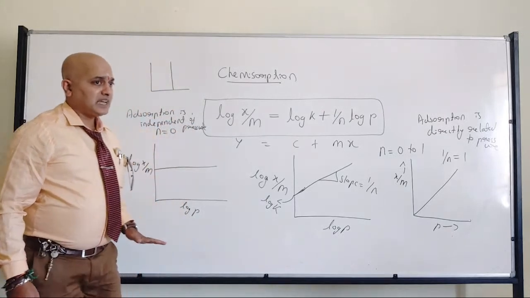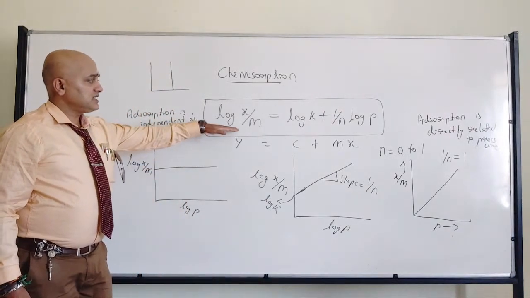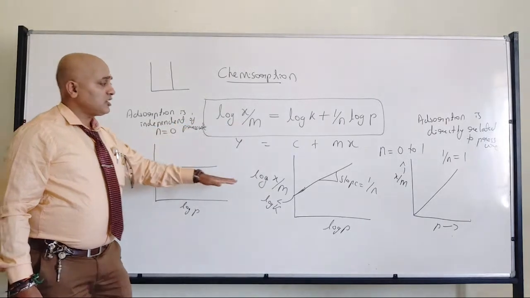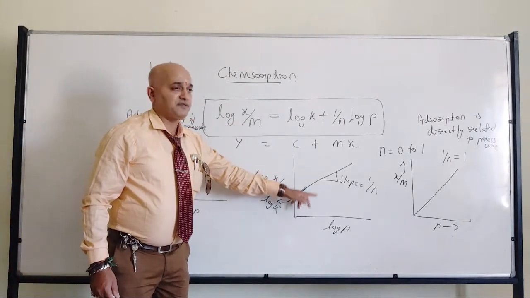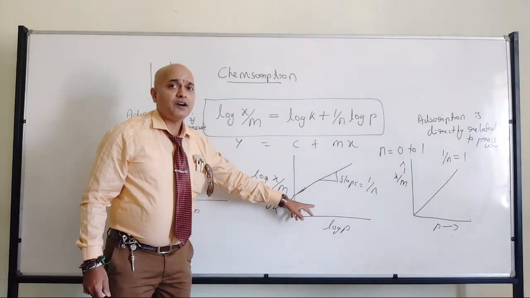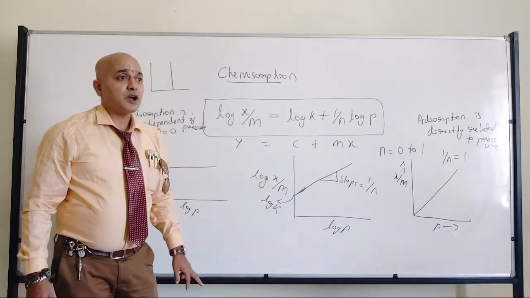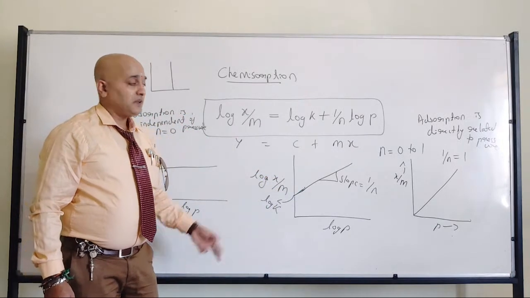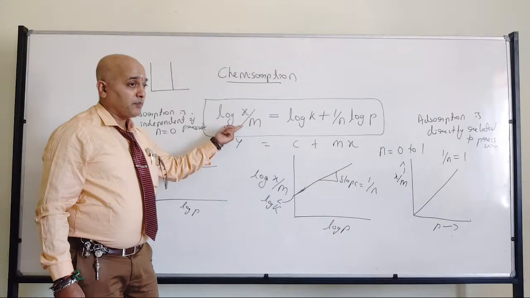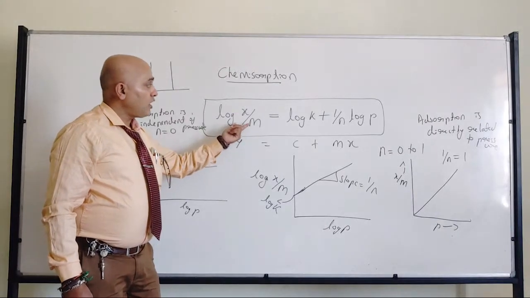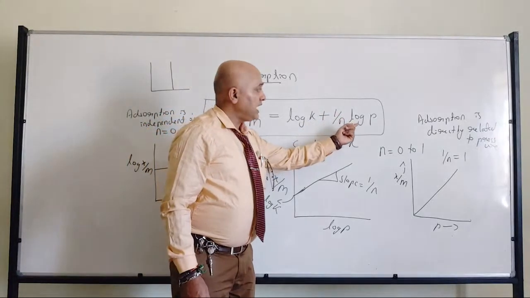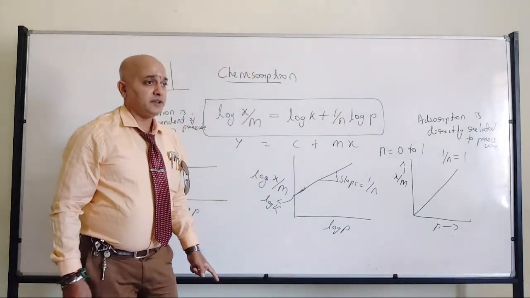Anyway, once again I will explain. So this is the graph, and based on that, this is the equation. This is the general form or general graph for the Freundlich adsorption isotherm equation, where that equation has been modified to logarithmic form. So log of x by m is equal to log of k plus 1 by n into log of p.